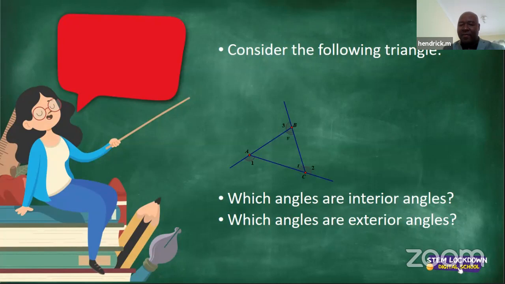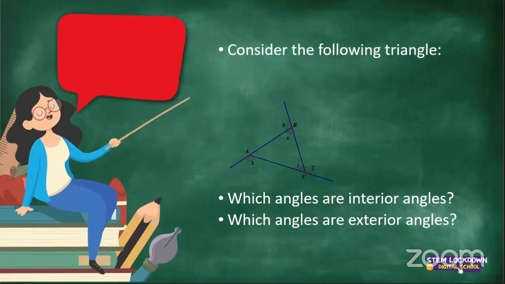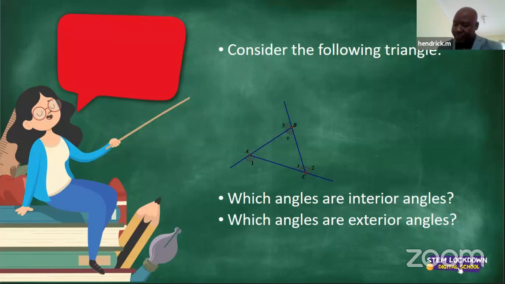Let's see. Vuavo Mulauzi, can you please give me the interior angles of this triangle? I think A1. Okay, which other angle?